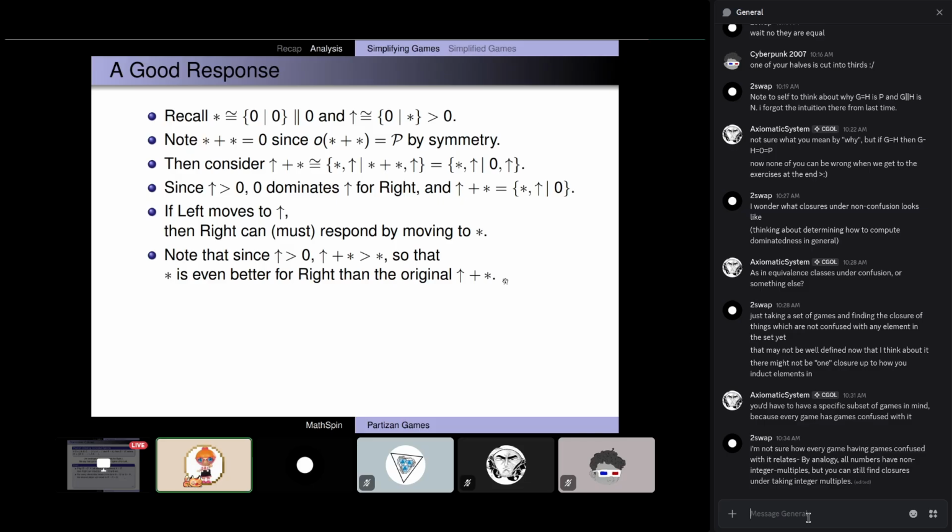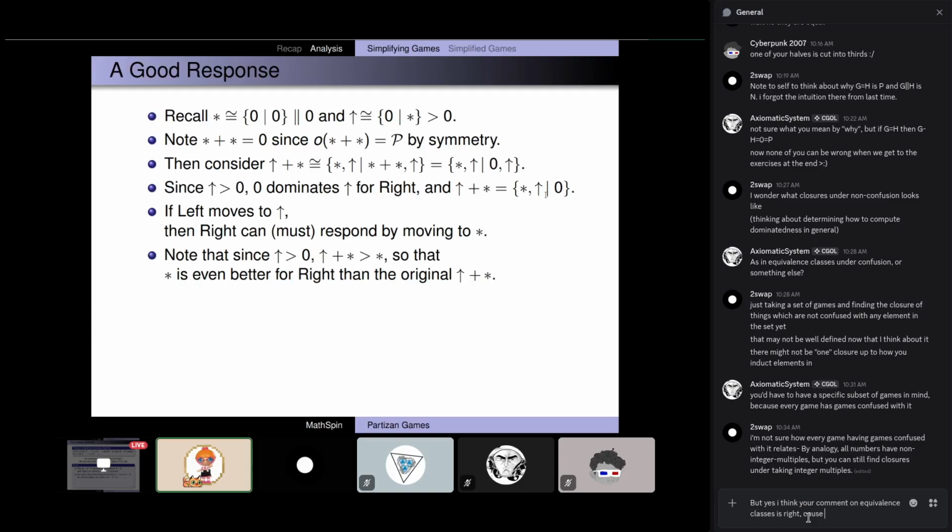So this is a weird scenario. I'm going to say this again, in slightly different words, because it's important and confusing. If left moves to up in up plus star, then right responds by moving to star, and star is actually better for right than the original game up plus star.